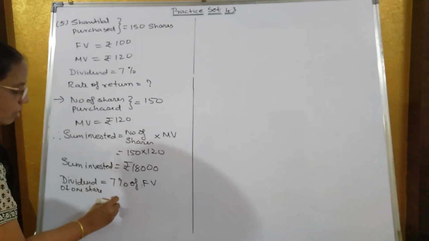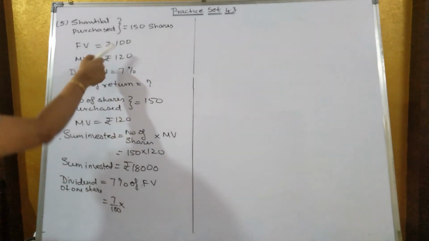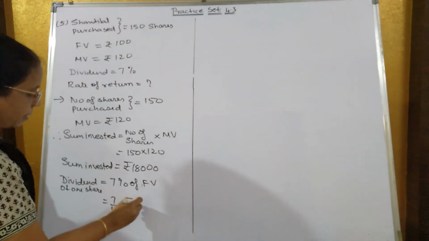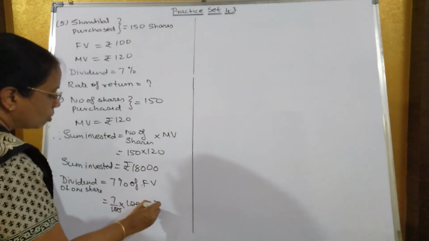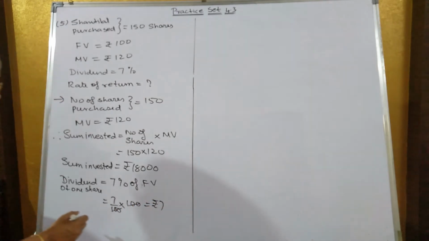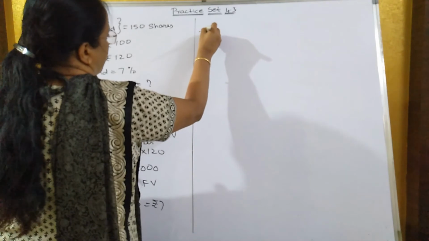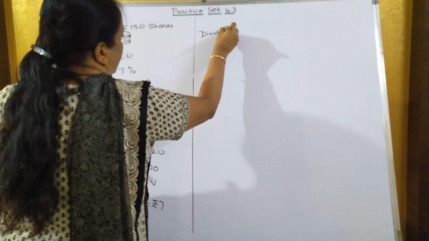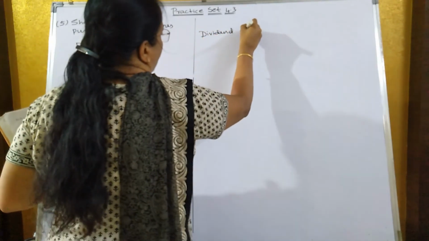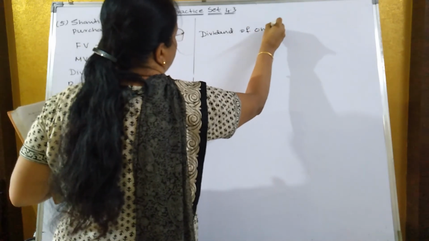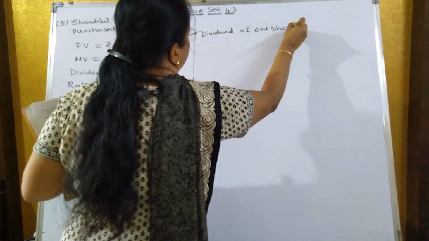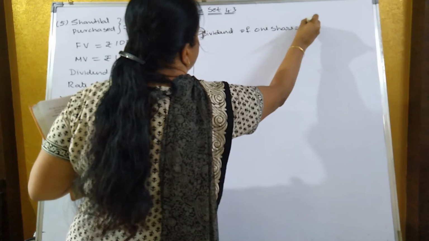So that is equal to 7 upon 100, and face value is 100. 100 and 100 will get cancelled. That is equal to rupees 7. So dividend of one share is rupees 7.